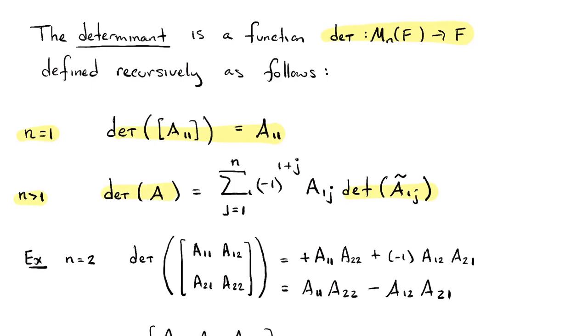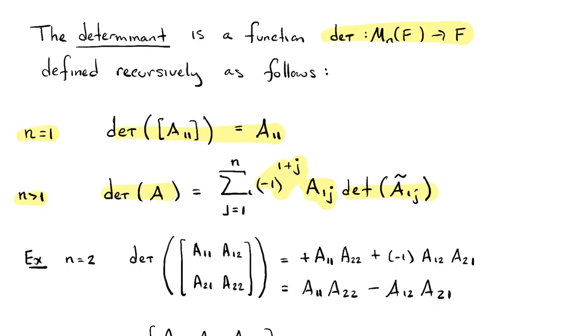That's defined because I'm doing this recursively. I multiply that by two numbers. One is the entry in the first row and jth column, A1j, and then either a plus or minus 1 depending on j. So I multiply it by minus 1 to the 1 plus j. With this definition, we can compute the determinant of any matrix.